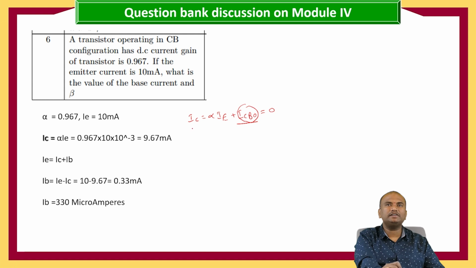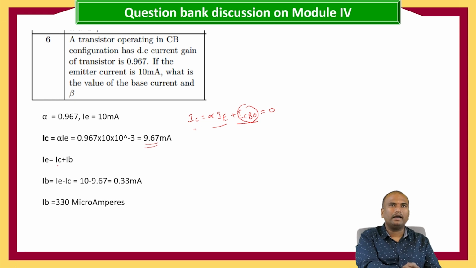So IC is equal to alpha into IE, which is equal to 0.967 into 10 into 10 power minus 3, which is equal to 9.67 milliamperes. This is the collector current we got. This is not the current we need to calculate in the problem. The current to calculate is the base current.